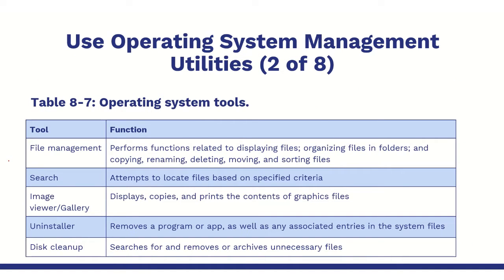This table summarizes operating system tools. As an example, if you want to explore the file management tool, it does multiple functions related to displaying the files, organizing the files in folders, and copying, renaming, deleting, moving, and sorting the files. If you want to look at the search tool, it attempts to locate the files based on specific criteria.